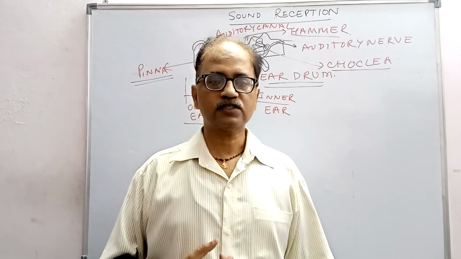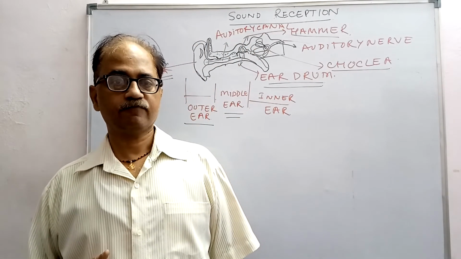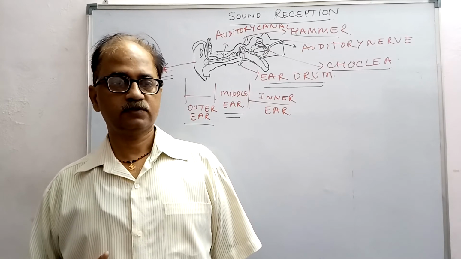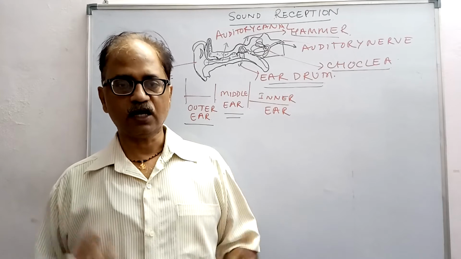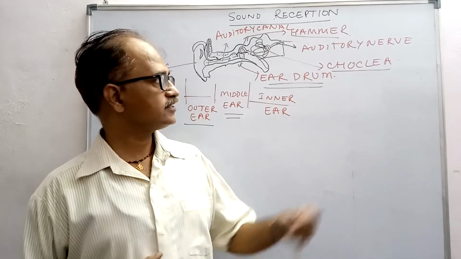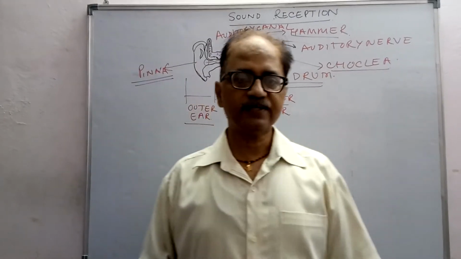You see, when you start cycling, you are not able to balance your body and you tend to fall, because you have not learned how to balance. So balancing is taught by the cochlea.